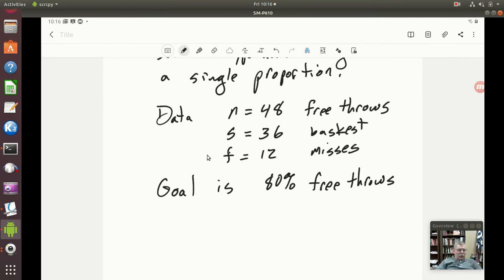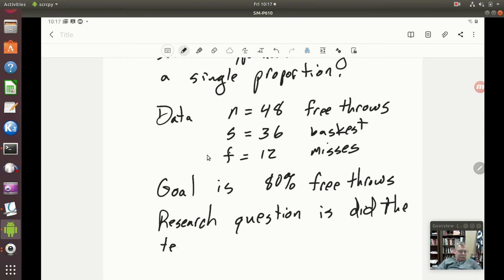And so the question here, sort of my research question, is, did the team make it? Well, on the surface, no, of course they didn't. They were 75%.